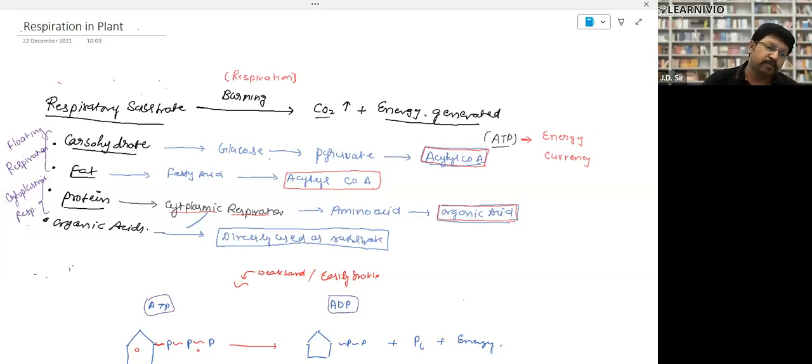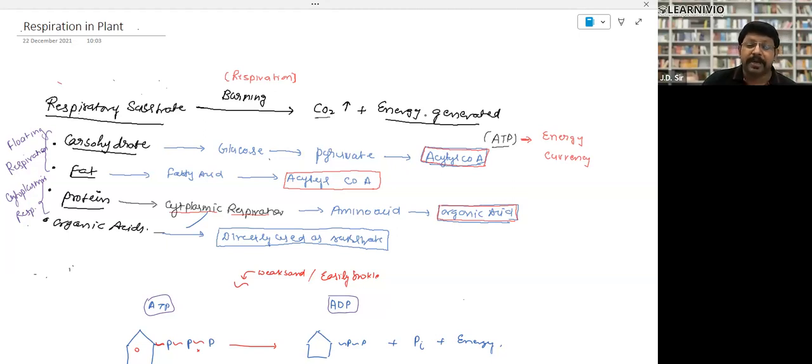Right? The same way, fat. Fat breaks down into fatty acid, and fatty acid breaks down to acetyl coenzyme A. And this acetyl coenzyme A burns inside our mitochondria in the Krebs cycle and provides us energy. Look. Then what is the third thing? Protein. Normally, protein is not respiratory substrate, but sometimes it works as a respiratory substrate. So protein will break down into amino acid.